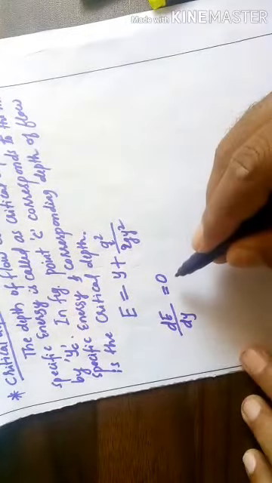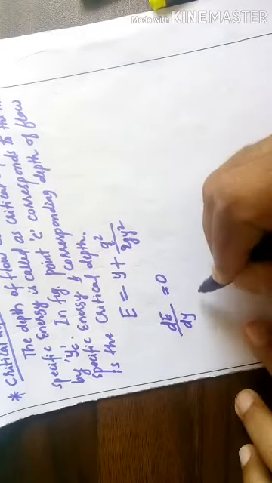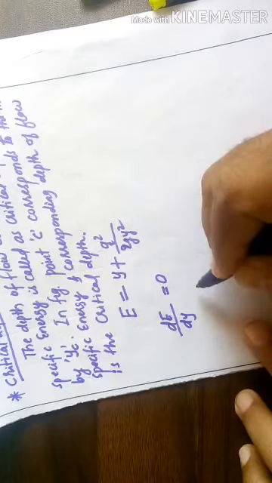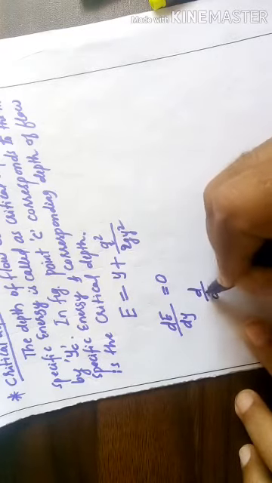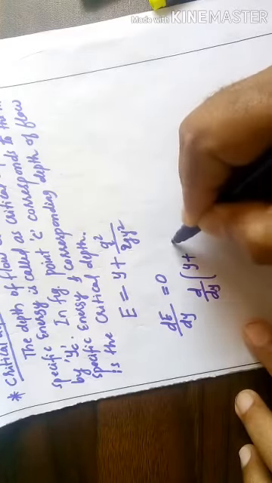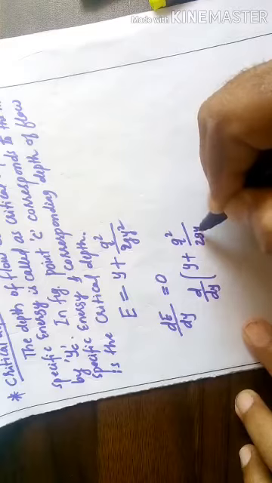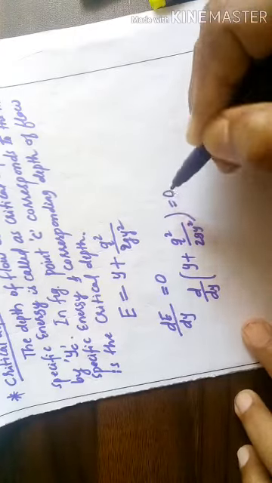When you differentiate with respect to y, we get d by dy of y plus q square divided by 2gy square equal to 0.